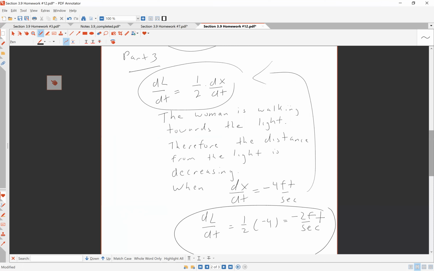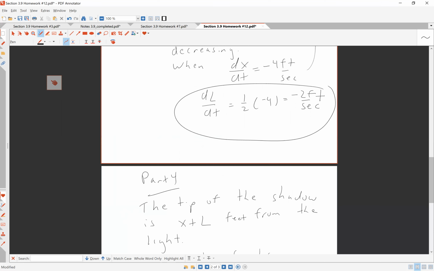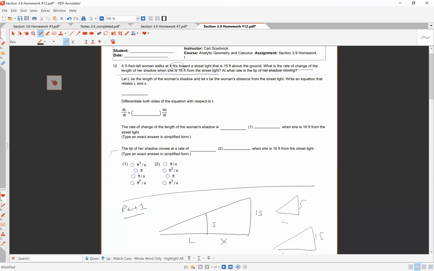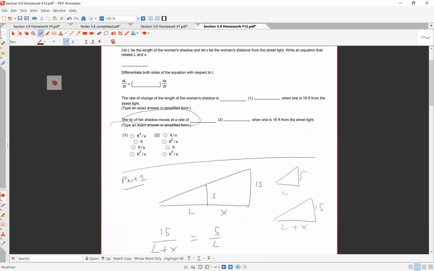Now the second part is the tip of the shadow. So now we want to find the rate of change of the tip of her shadow. How far is the tip of her shadow from the light? That's L plus x, the distance of the woman from the light plus the length of her shadow.